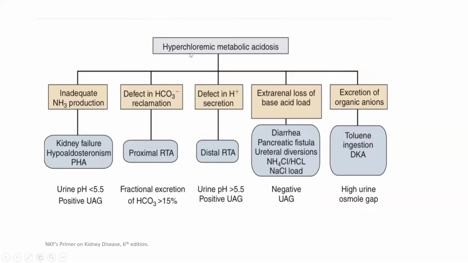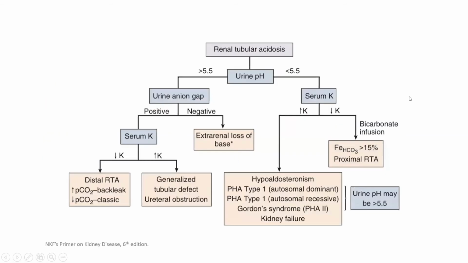In the case of hyperchloremic metabolic acidosis, if there's a defect in your bicarb reclamation, it's known as a proximal RTA. A defect in the hydrogen secretion is a distal RTA. Or there's an extrarenal loss, due to diarrhea. And RTA will be divided by your urine pH. You all can take a picture. I'm not going to go into detail for this one.